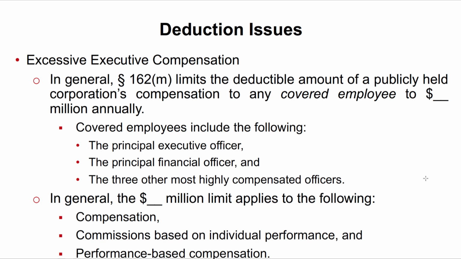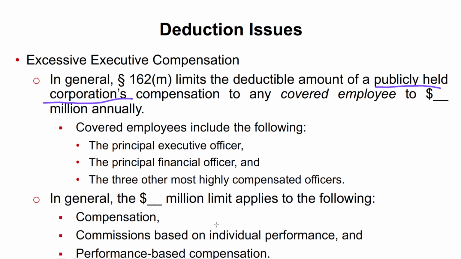Okay, excessive executive compensation. Publicly traded or publicly held corporations have special compensation rules because certain entities were getting greedy. They were paying their CEOs and highest paid C-suite executives a lot of money. The IRS was questioning that.